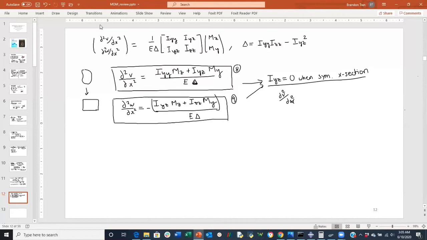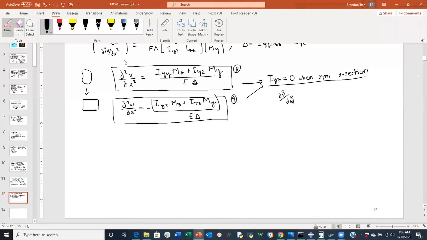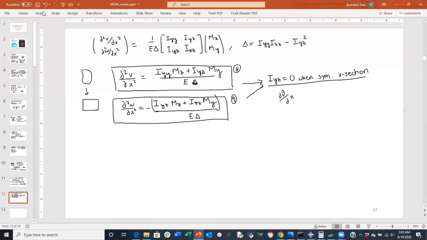Sorry, this is supposed to be an x. Without the subscripts, you should be familiar with this derivation. And then this Izz, this is one of the governing equations.